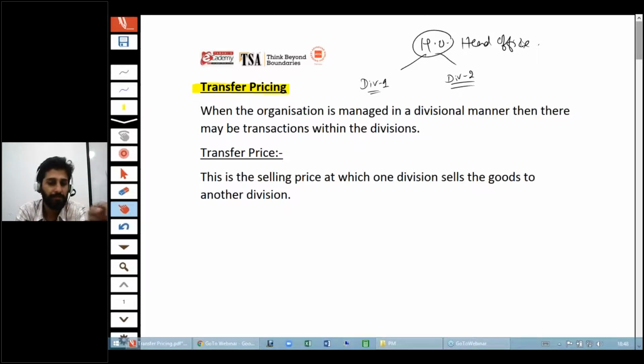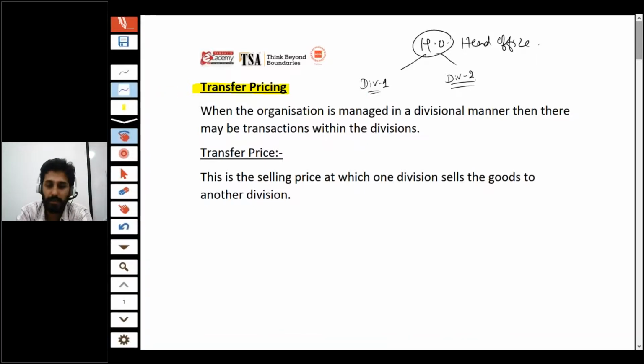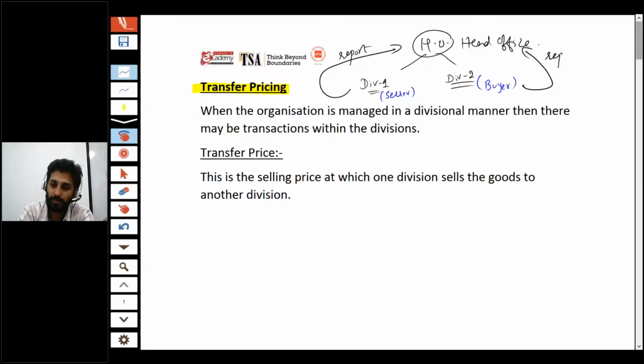Simply put, let's say this is the buyer division and this is the seller division. They both are required to report to the head office.